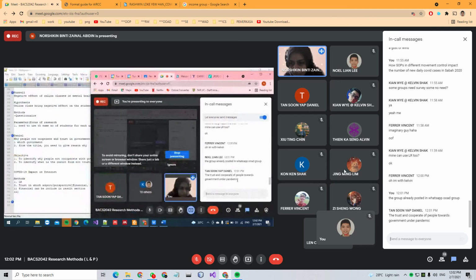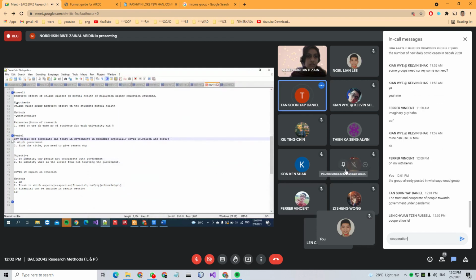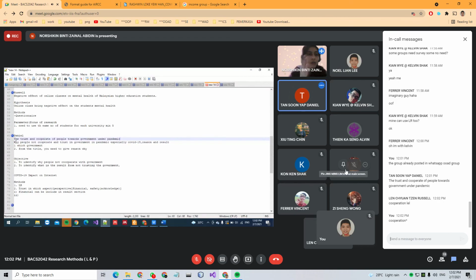The trust and cooperation of people towards government. What does corporate mean here? Corporate is like corporation. Sorry, you mean how well do we cooperate with the government? Yeah, more like that.